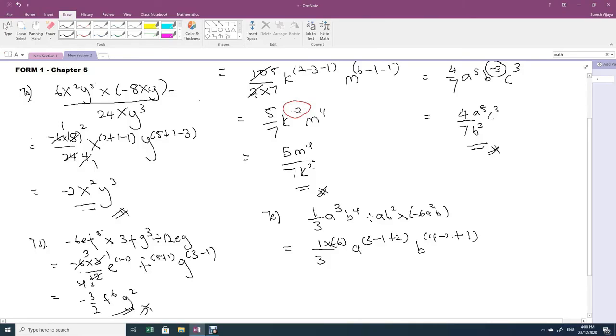Simplifying this, we divide and get negative 2. Then a to the power of 5 minus 1 will be 4, and b to the power of 2 plus 1 will be 3. So this is the answer: negative 2 a to the power of 4, b to the power of 3.